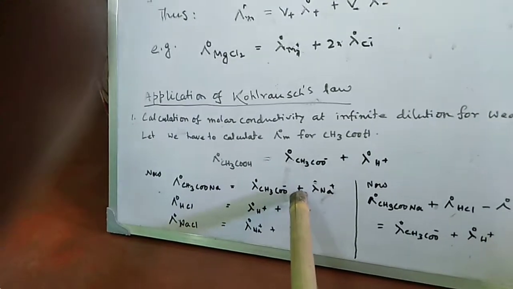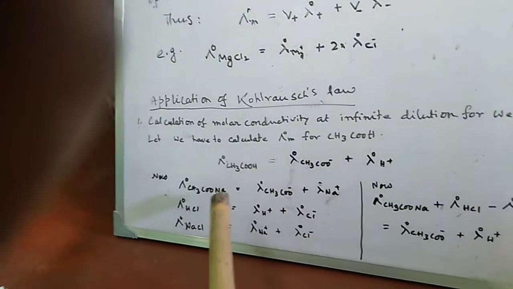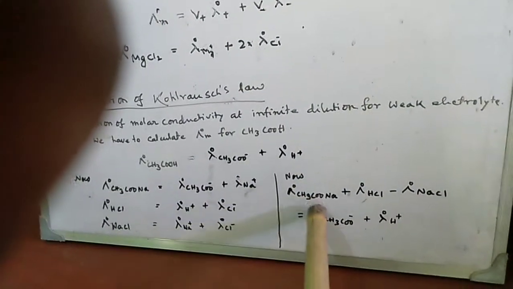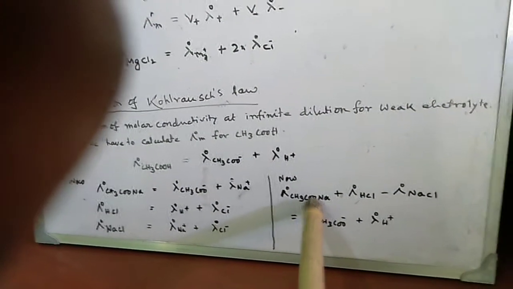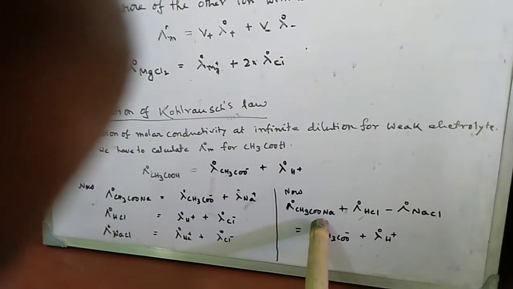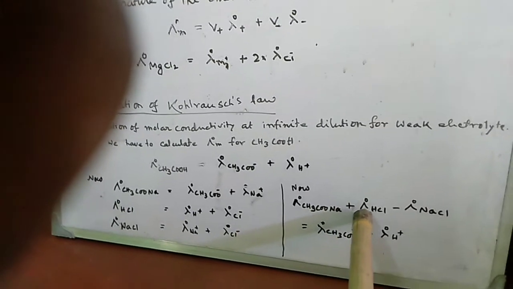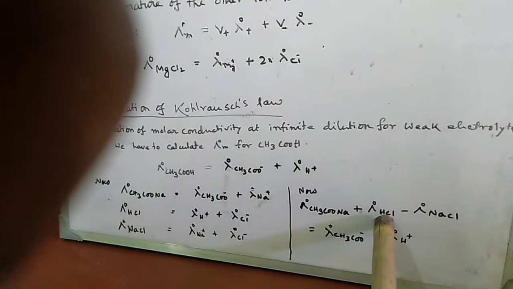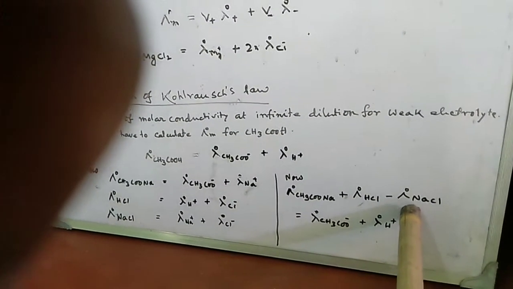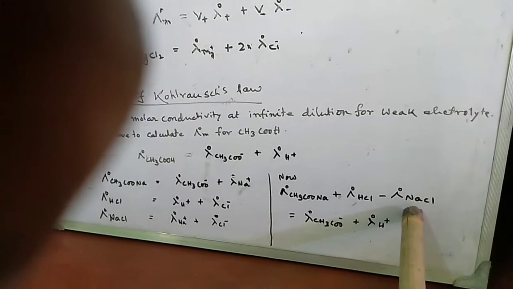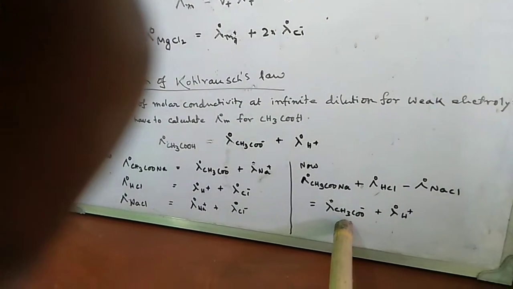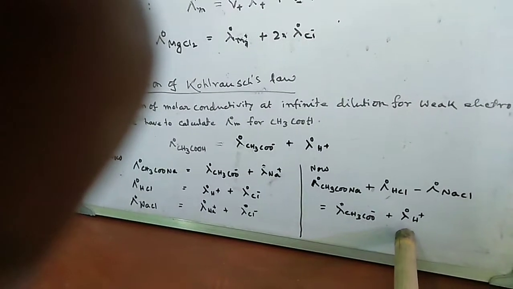Now if we add the molar conductance of sodium acetate at infinite dilution to that of HCl at infinite dilution, and then subtract the molar conductance of NaCl, we get the ion conductances of CH3COO minus and H plus ion.